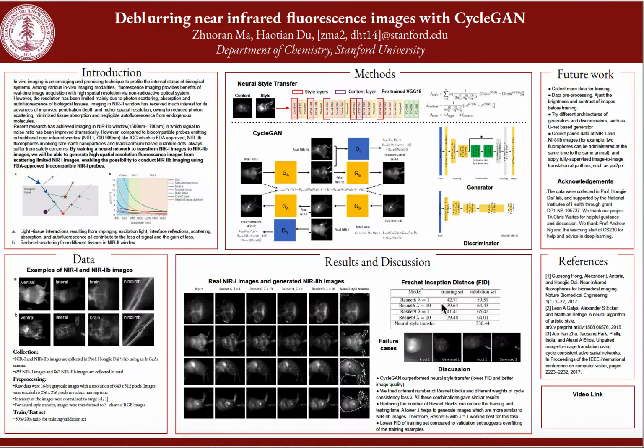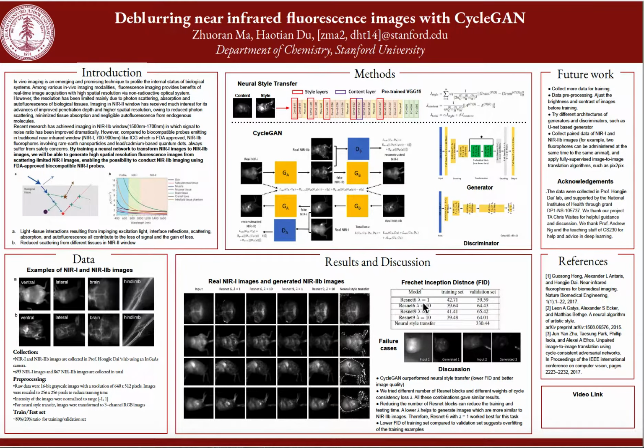The one with 6 residual blocks and lambda equals 1 works a little bit better. And also, because this one has fewer parameters, which takes less training time, we decided to use this as our final choice of hyperparameters.